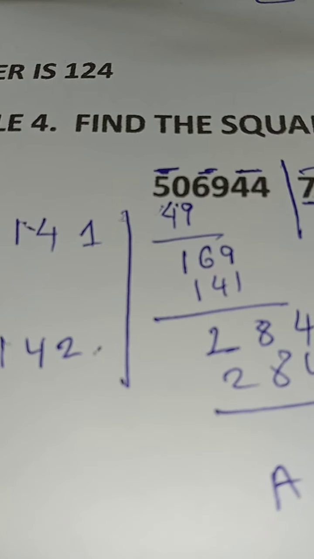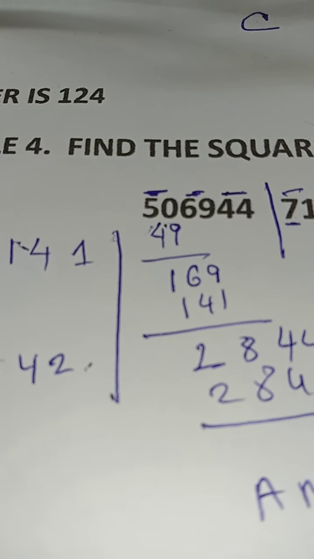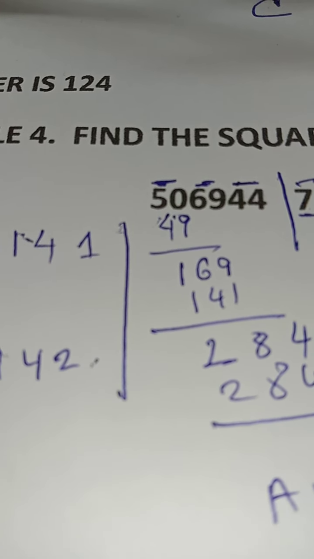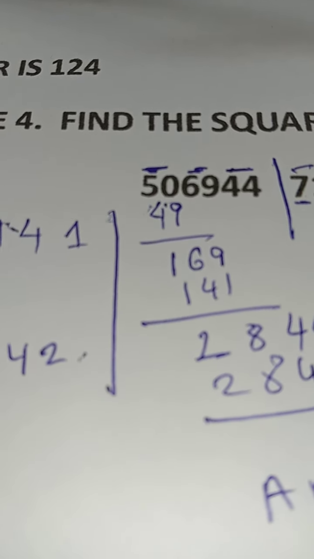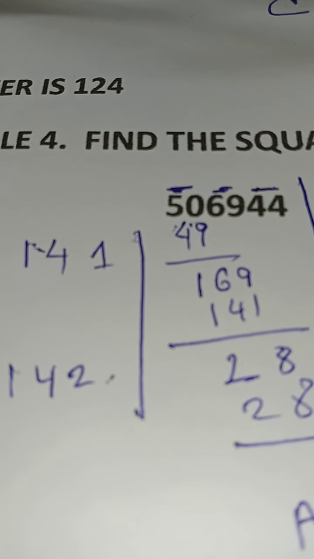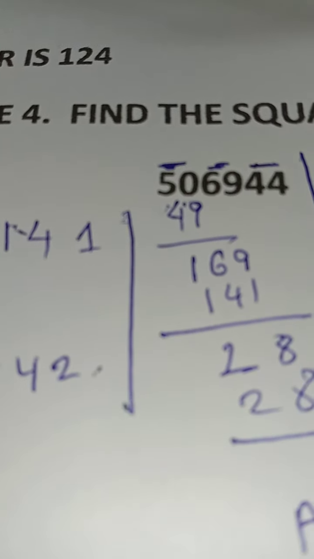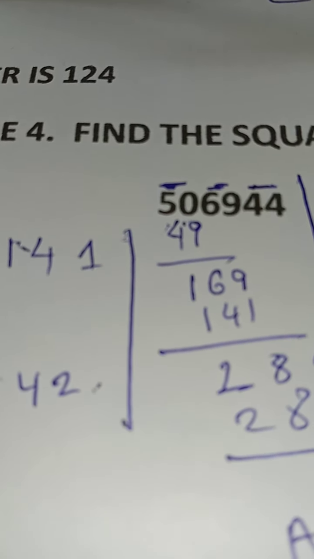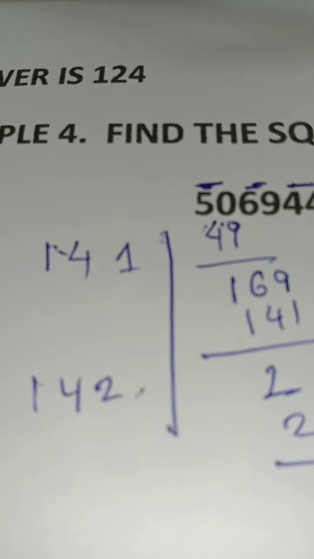Because when you double 7 you get 14, and we must take a number which, multiplied by the whole number, gives a number as close as possible to 169. So this is 141.